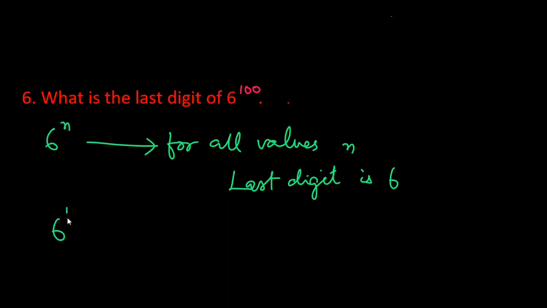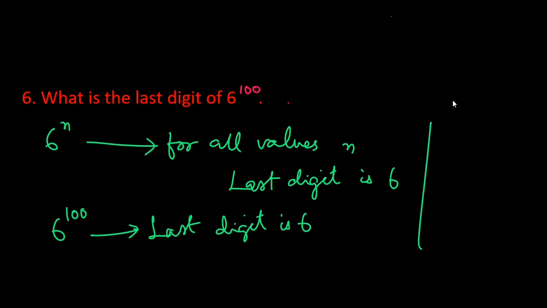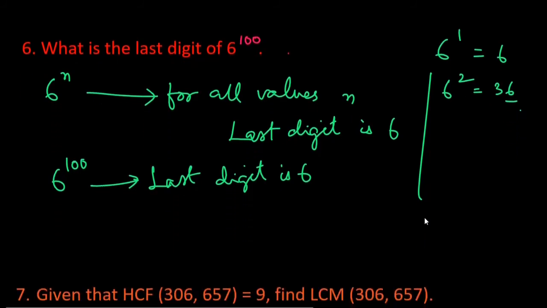So 6 power 100, the last digit is 6. So we have to explain here. 6 power 1 is 6, 6 power 2 is 36. So the last digit is 6. So whatever we explained in the previous problem, we have to explain and finally mention that 6 power 100 has last digit 6.